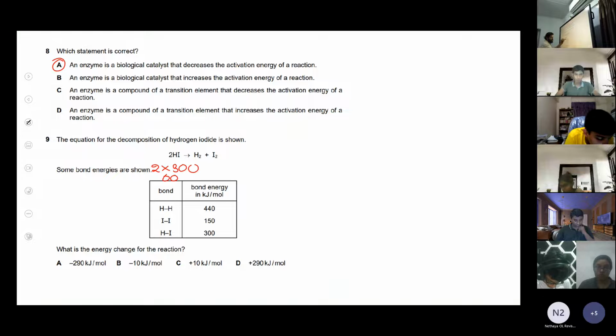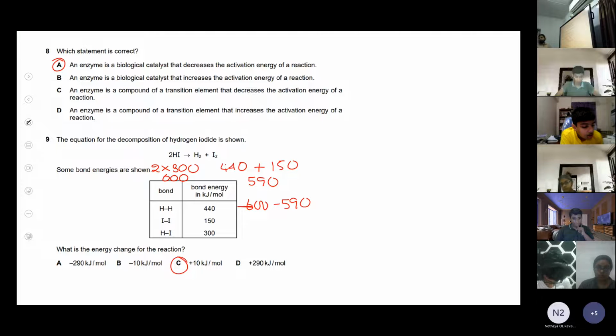It is 600 and here 440 plus 150, 590, in minus out. 80 plus 10 kilojoules per mole. Agree? Yes. Plus 10.